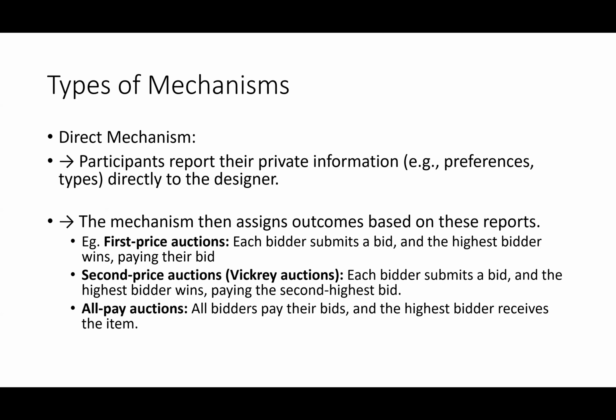Okay. So basically, with the direct mechanism, the mechanism has been designed such that the people will have to tell the designer their preferences. But at the end of the day, whatever outcome we get will be an outcome that we desire.